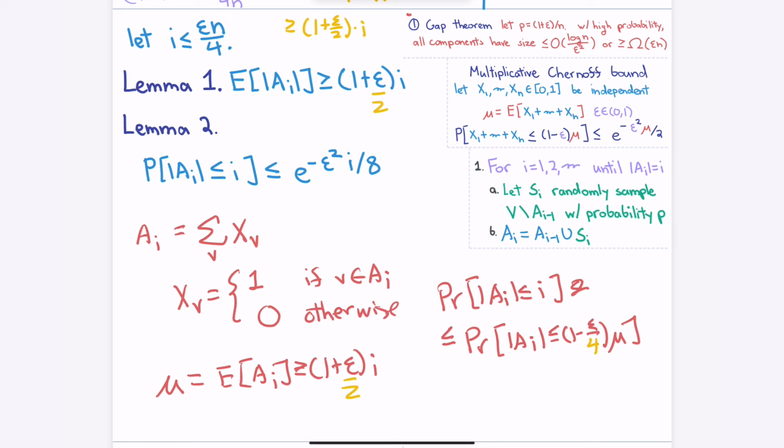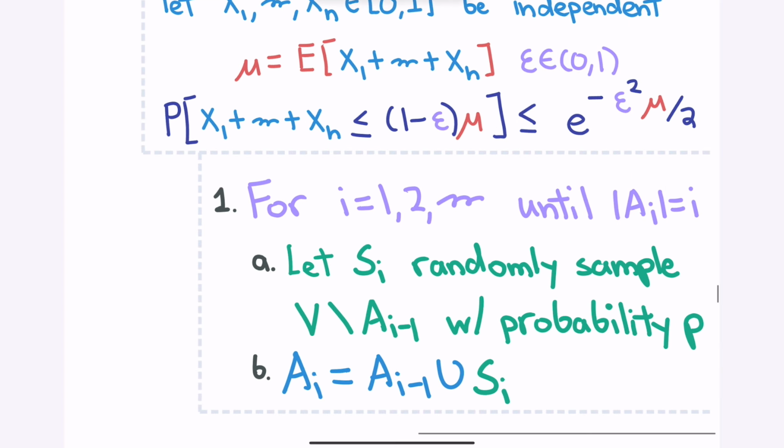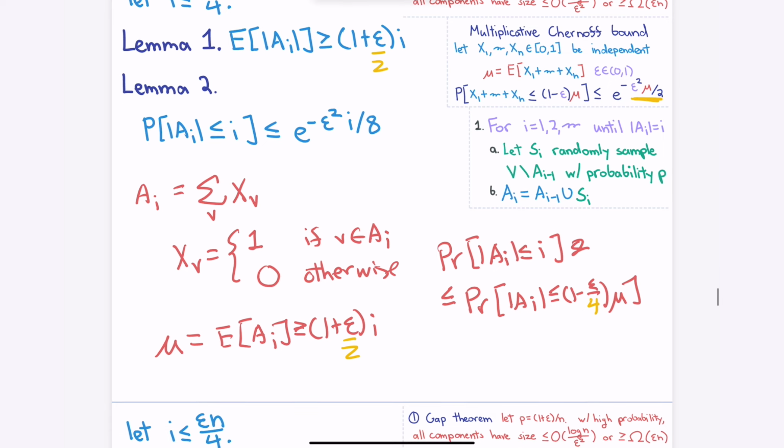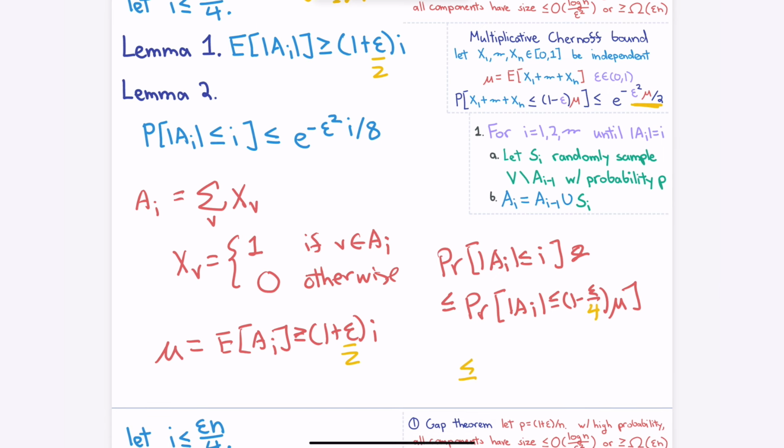Okay. But now if I plug this in and put the exponent up here, then I'll get something like, I guess I have epsilon over 4. So e to the negative epsilon over 4 squared mu over 2.